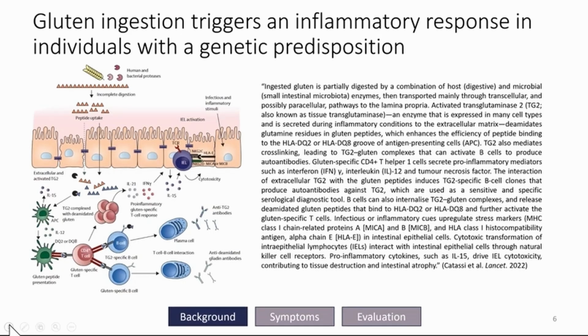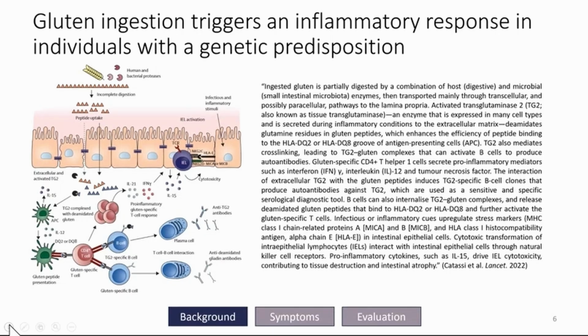And then as these receptors are on cells in the immune system, once the gluten products bind them, it starts triggering the activation of the immune system. You can see in the bottom left-hand quarter, when you have that deaminated gluten complex, it's bound to the DQ2, DQ8 complex on the antigen presenting cell. It can then interact with your CD4 helper T cells, more part of the immune system.